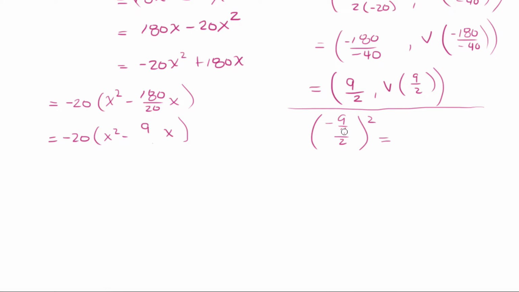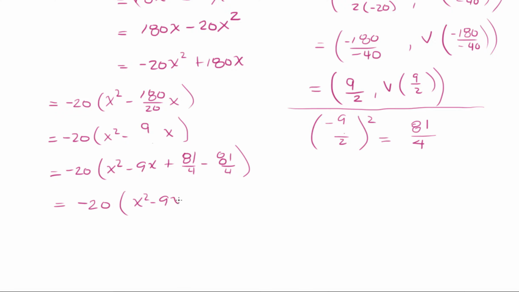Negative 9 over 2 squared is 81 over 4. So that's the number we add and subtract inside the parentheses: x squared minus 9x plus 81 over 4 minus 81 over 4.